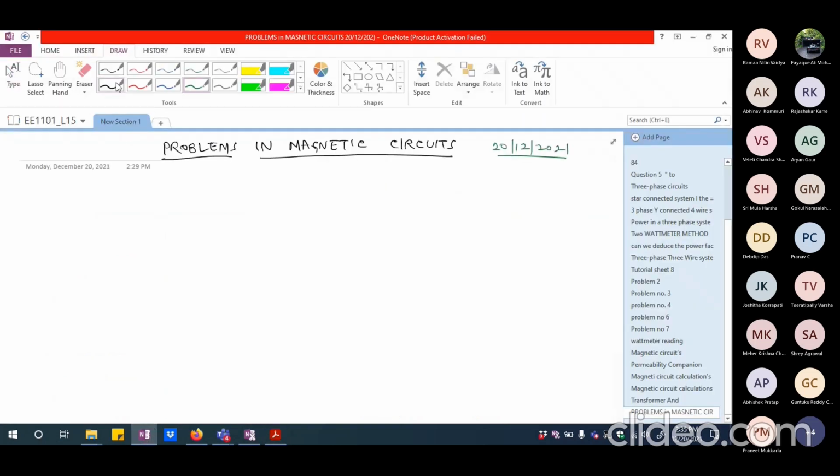So it says problem number 1. It is a wooden ring, so very clearly you are not going to have any relative permeability. The relative permeability is going to be 1. So mu equal to mu naught multiplied by mu r, which is 4 pi multiplied by 10 power minus 7 multiplied by 1.